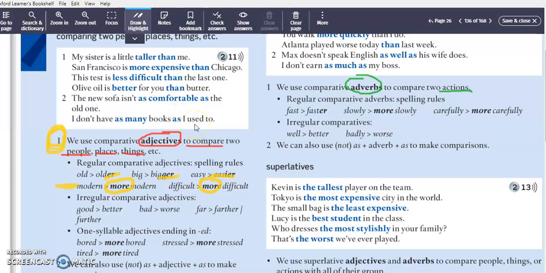Those rules are basic level, so you should know them. We also have some irregular adjectives. Regular ones have to finish in -er or take more, but irregular adjectives don't follow that rule. It means that the adjective is different from the comparative form. Adjective, comparative.